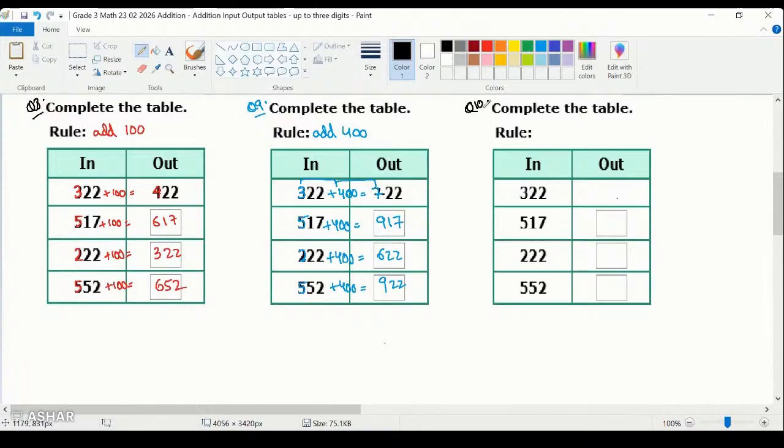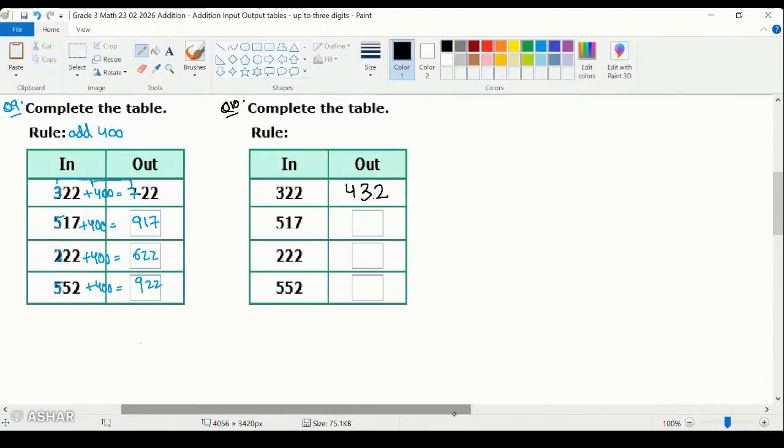Question number 10. If the answer is 432, so what is the rule? 322 becomes 432. Can you help me with the rule? Focus over here.